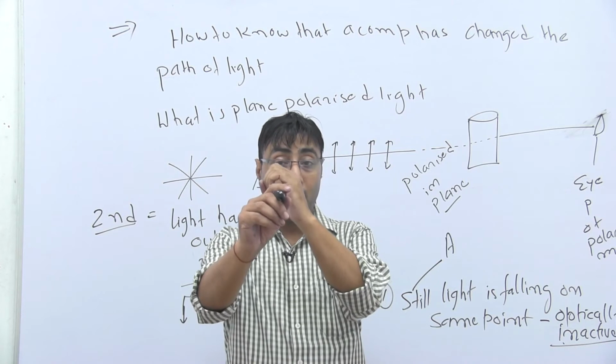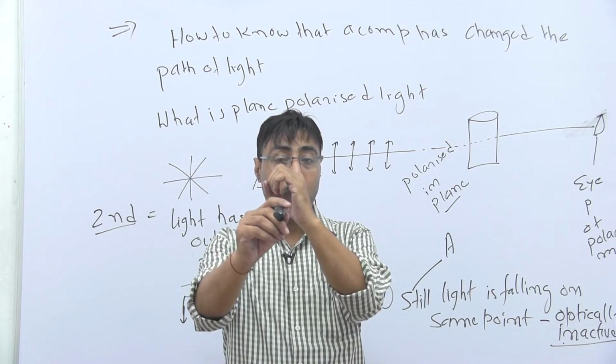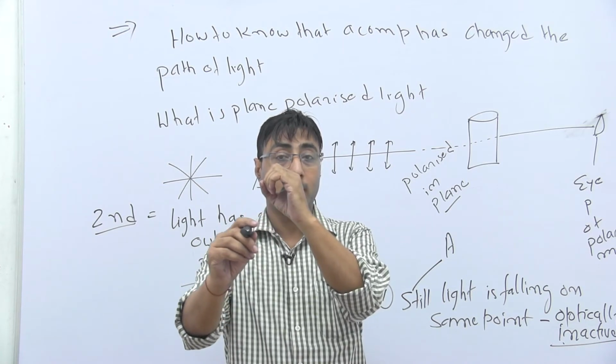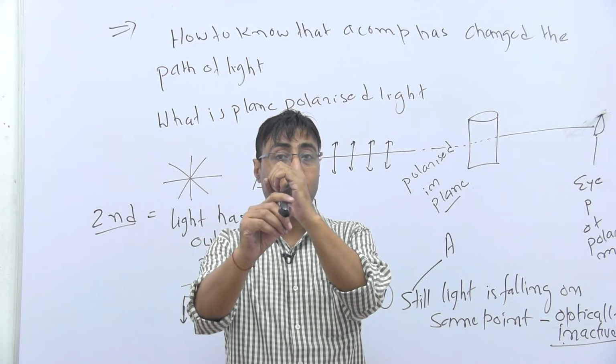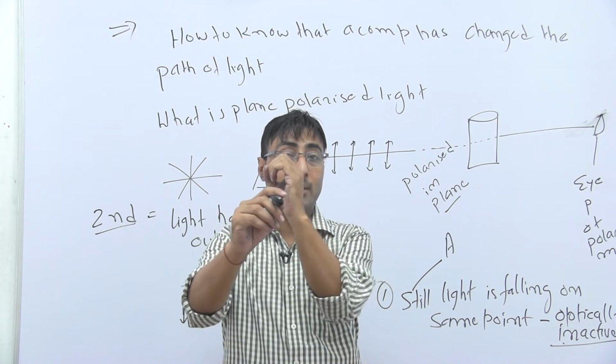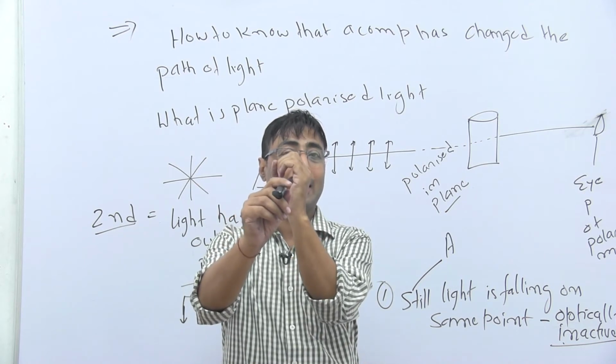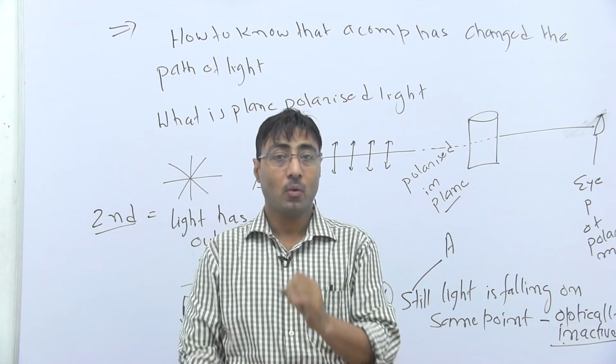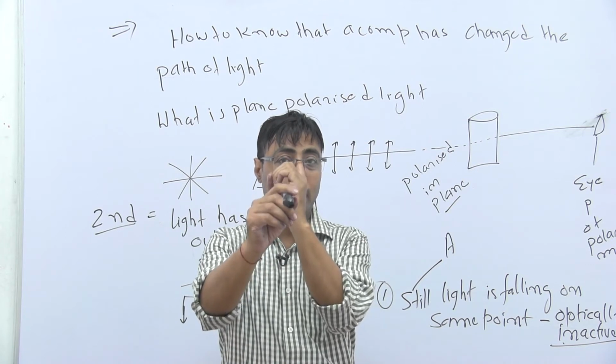But suppose when we put chemical B, light is not falling at this side. This was the initial position of the light and this is the final position of the light. We cannot see that light in the eyepiece of the polarimeter.